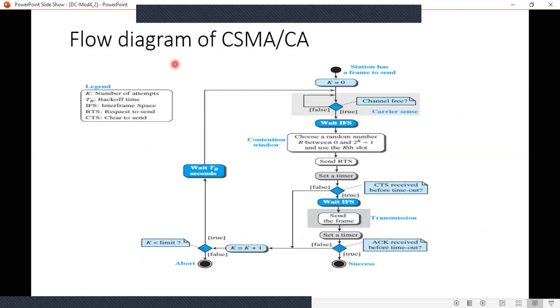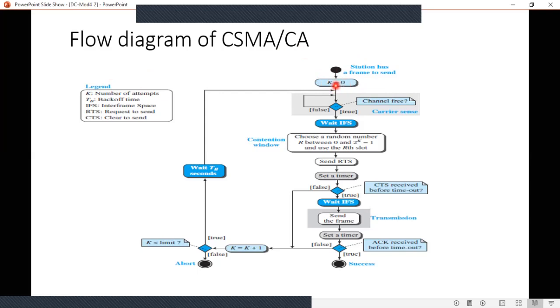This shows the flow diagram of CSMA/CA, that is carrier sense multiple access with collision avoidance. It starts here. The station has a frame to send. The number of attempts is initially k equals 0, right?